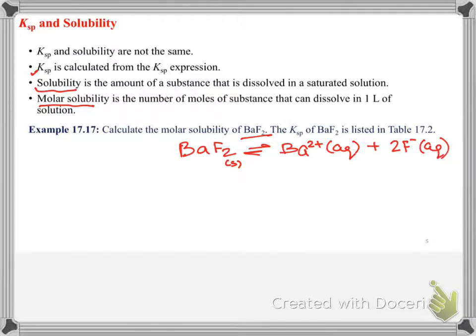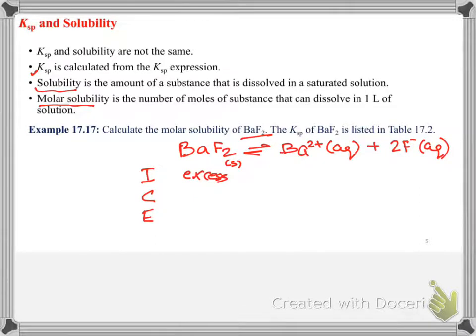Now we can see the equilibrium here, so what do we need to do first? We need to make the ICE table. Remember, for acid dissociation or base dissociation, you were drawing the ICE table. This is the way I'm going to draw it here. Solid is always present in excess.